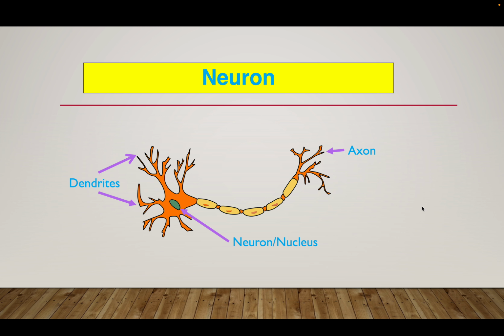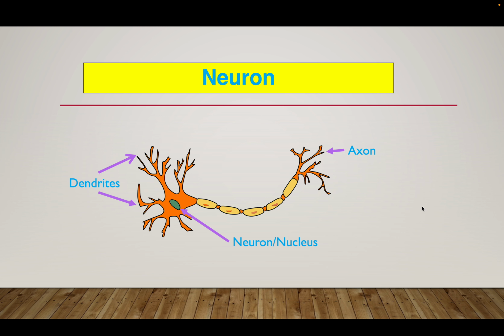It has three parts. The left hand side is called the dendrites, which work as the receptors for this neuron. The central part is called the neuron or the nucleus, and the axon is the part which sends the output to other neurons.